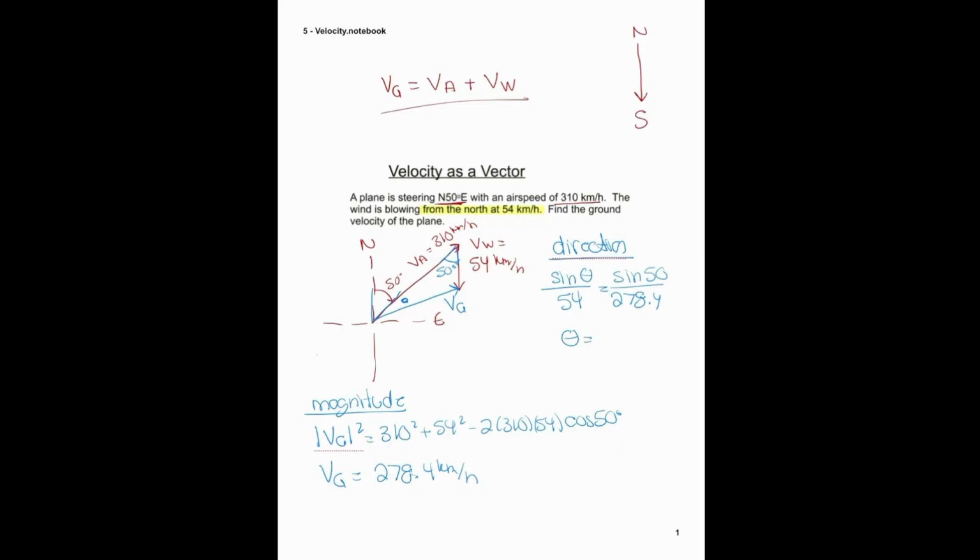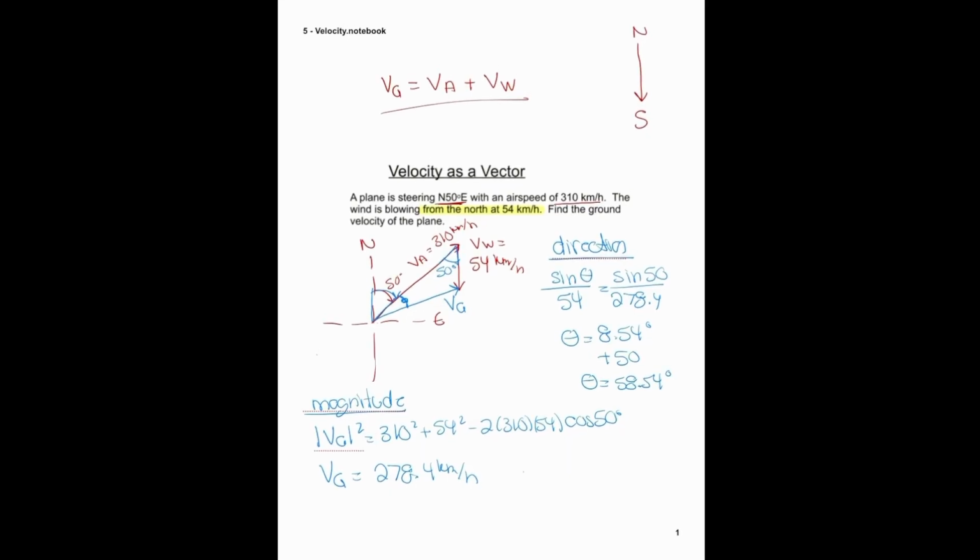That gives me an angle of 8.54 degrees. Now, that's the angle that's right here, but we already have 50 degrees, so we need to add 50 degrees to this, which gives us a total angle of 58.54 degrees from north heading towards the east.